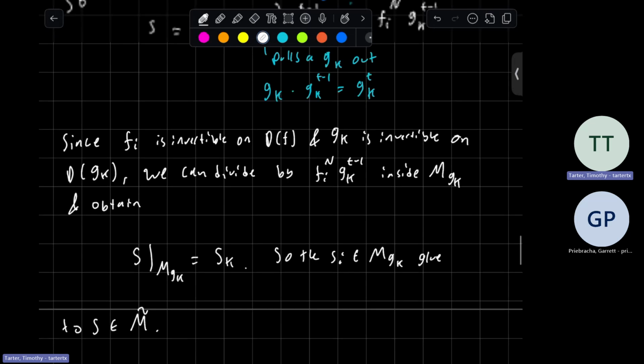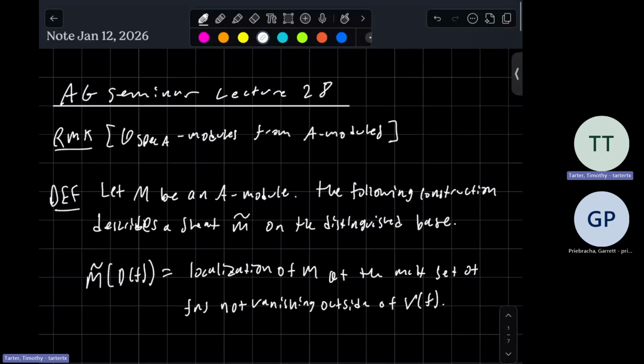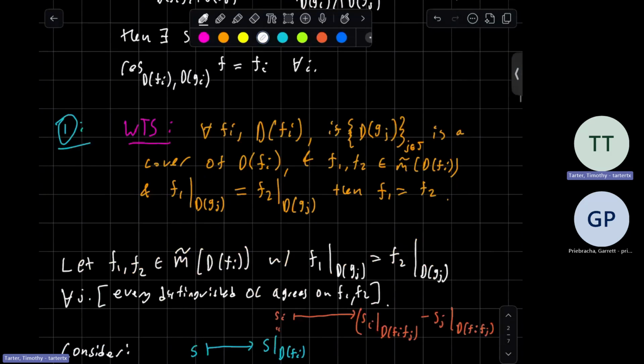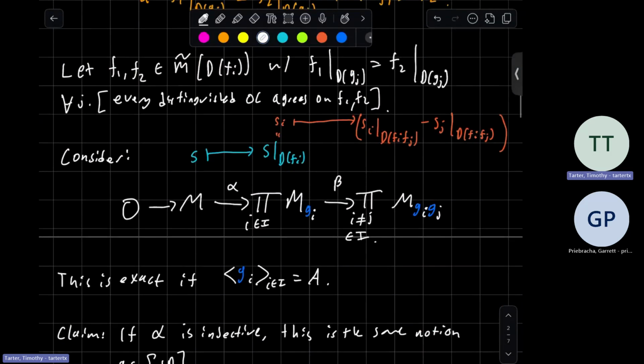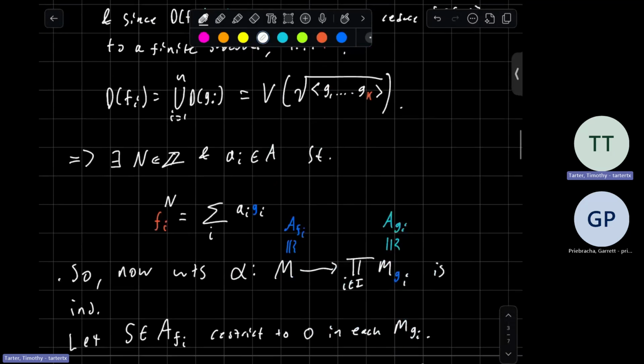Okay. It's not explicitly clear that this is showing that the kernel is contained within the image, because that's not actually how they ended up proving it. Yeah. But it is clear that this is gluing, right? Right.